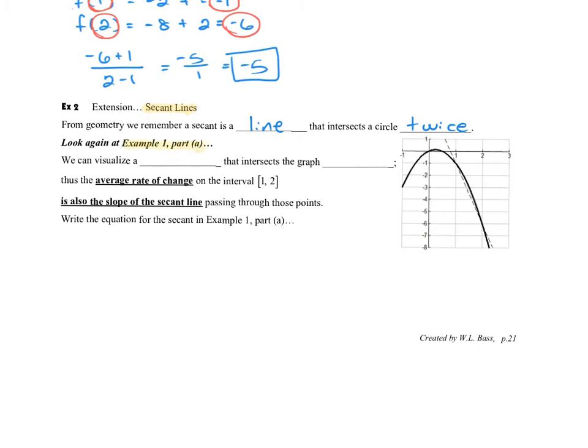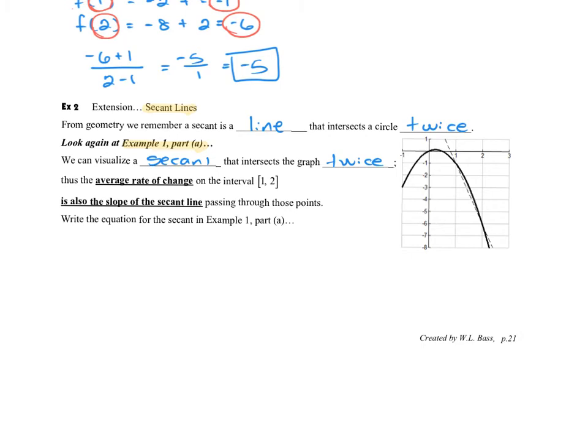So we can look at our example 1, part A here, and we can visualize a secant line that intersects our graph twice. And you can see that I've actually put this line in here for us.